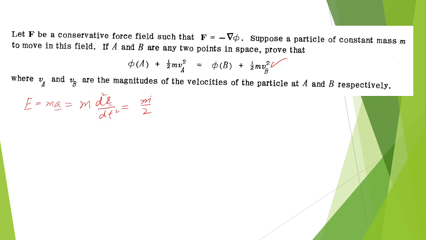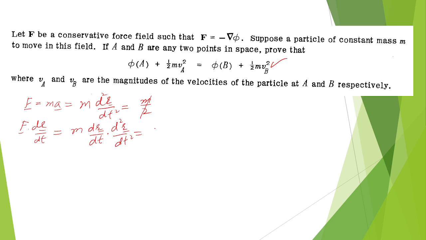Okay, let me take the dot product of this equation with dr/dt on both sides. So this is m dr/dt dot d square r by dt square.